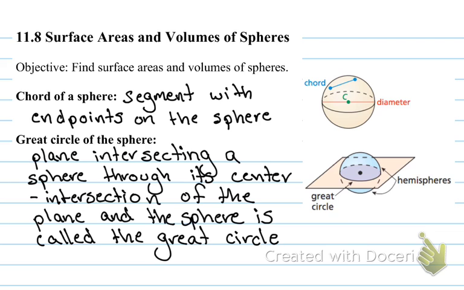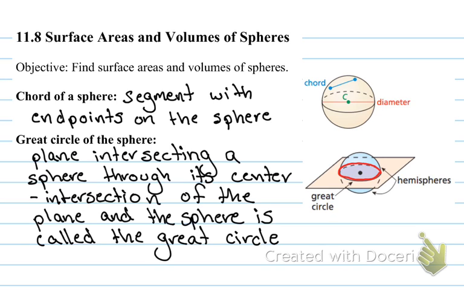Okay, so here, if I have this plane, it cuts through my sphere, it intersects through my sphere, and it goes through the center of that sphere. So then that circle that's created, this circle right here, is what we call that great circle. Okay, just a little bit of vocabulary there.